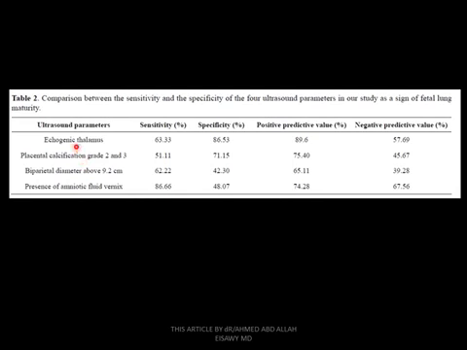Ultrasound parameter: echogenic thalamus, sensitivity, specificity, and predictive value. In our study, these ultrasound parameters are signs of fetal lung maturity in comparison: placental calcification grade 2 and 3, biparietal diameter above 9.2, presence of amniotic fluid vernix.